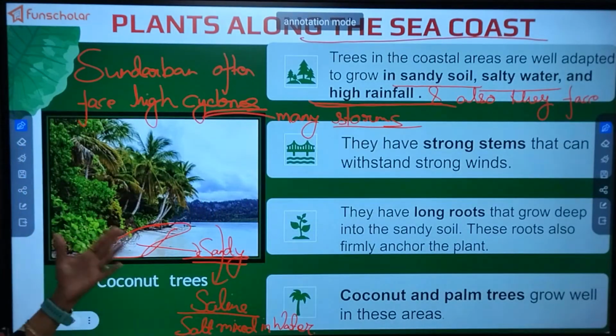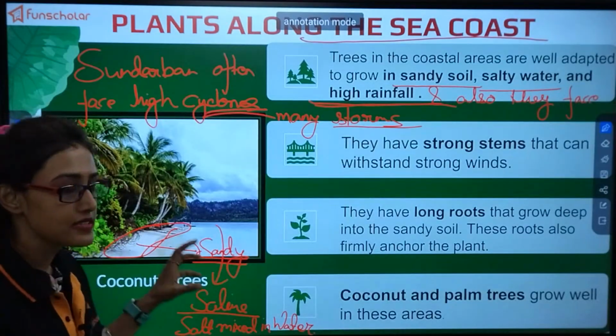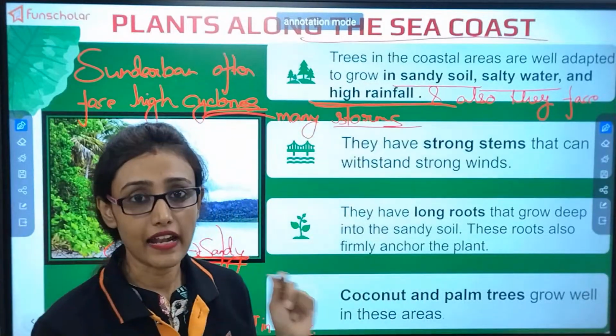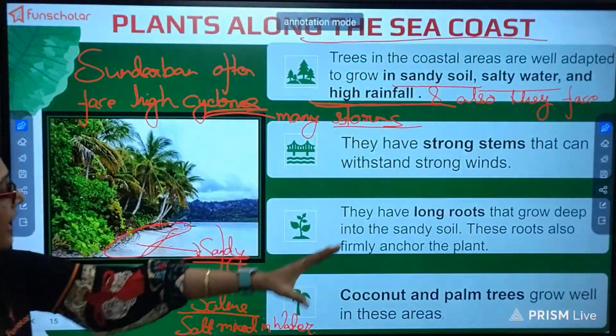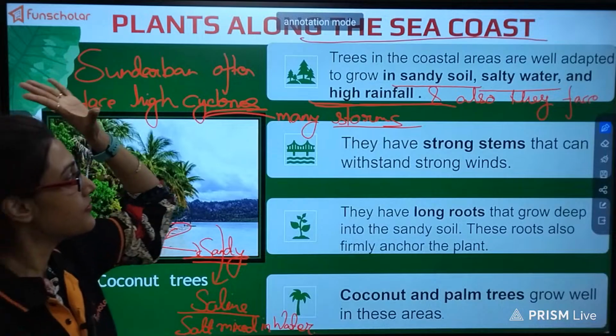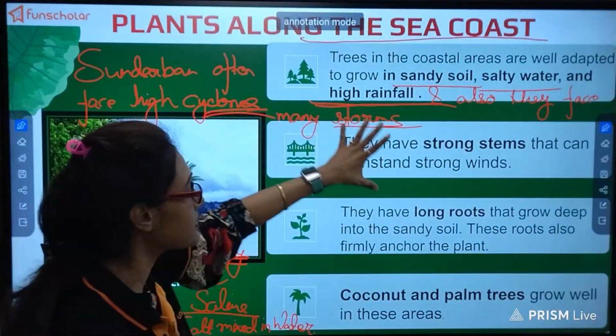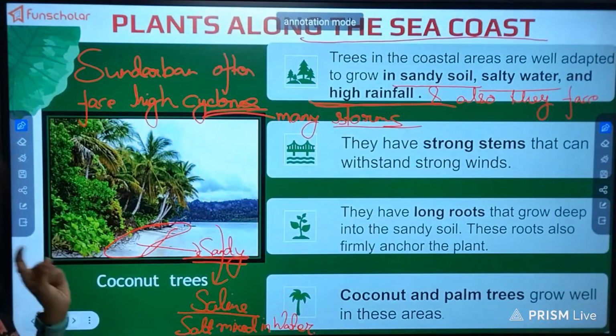Right? So the sands are not clear, they are porous, sandy. And they have to face very high rainfall. Also, they face cyclones and storms along with the rain.